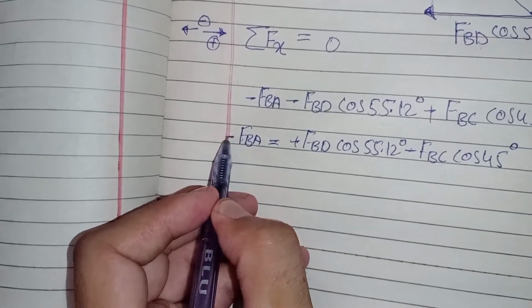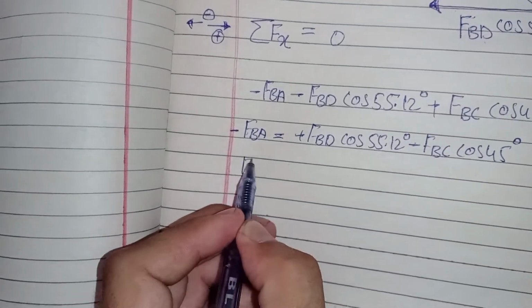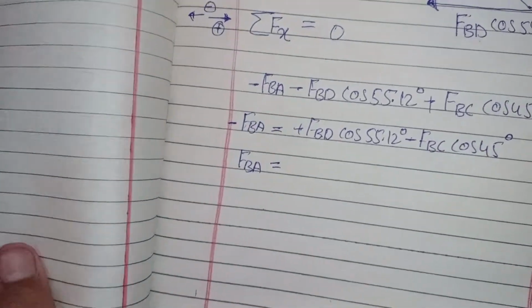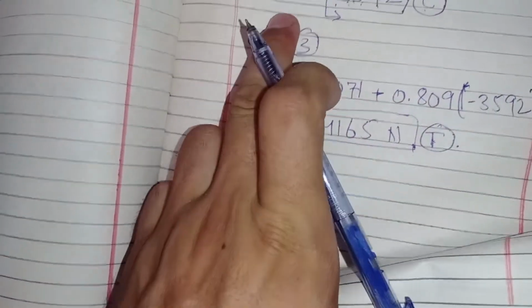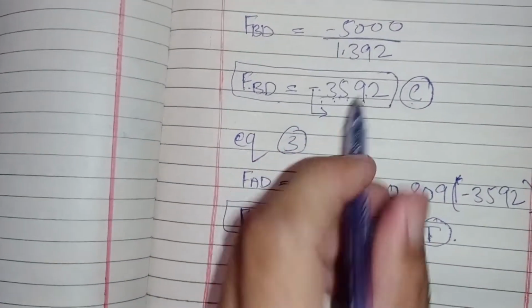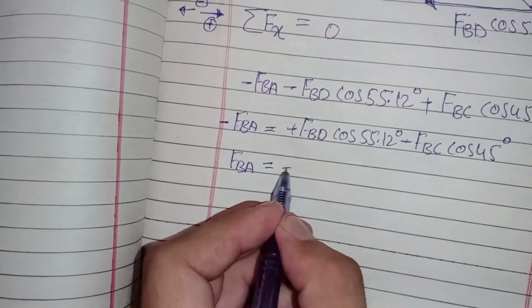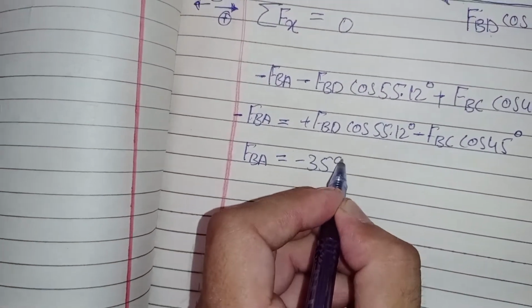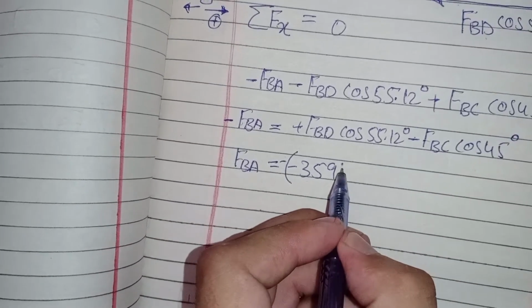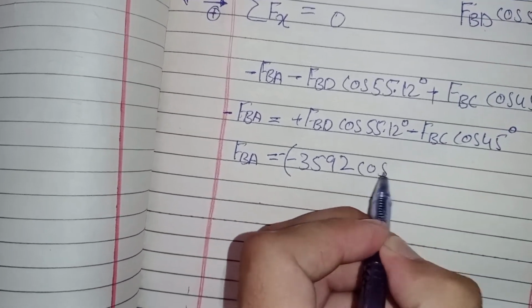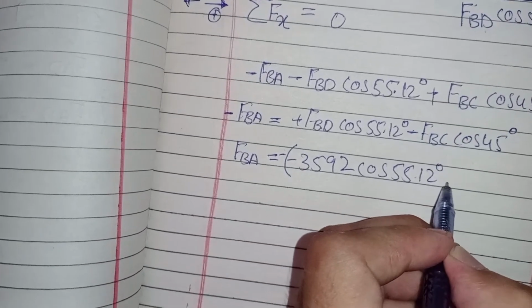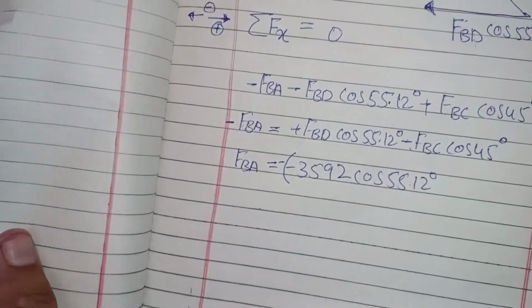FBD I have calculated as negative 3592, so negative 3592 cos 55.12 degree, and this is the FBC value.